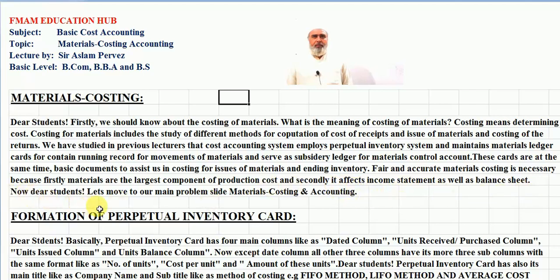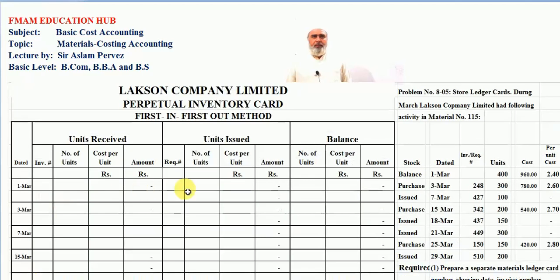Now, dear students, let's move to our main problem slide: material costing and accounting. Friends, this is our main slide, in which we have to solve the problem as per the given transactions.